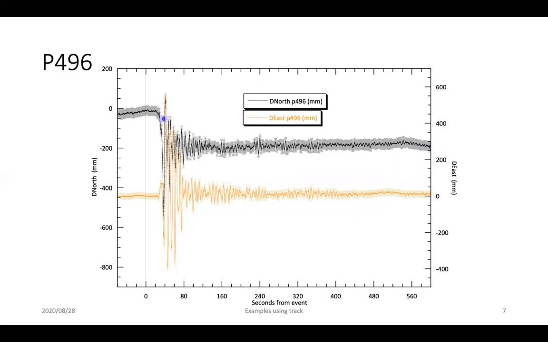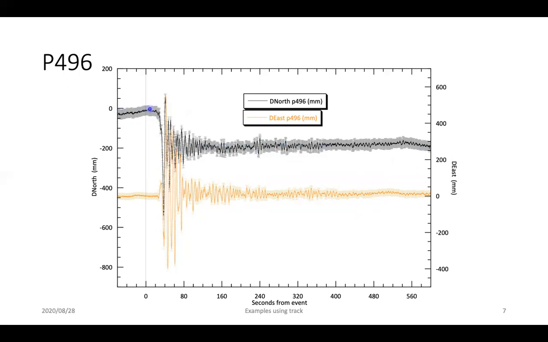There's another thing in this plot that you will notice. Not only is there the wave train coming through, but actually you can see the static displacement as the site settles down at its new static position. And in this case, most of the displacement is in the north component.